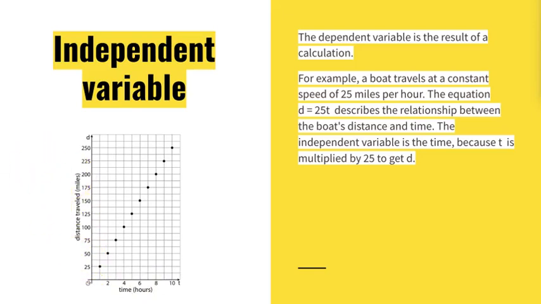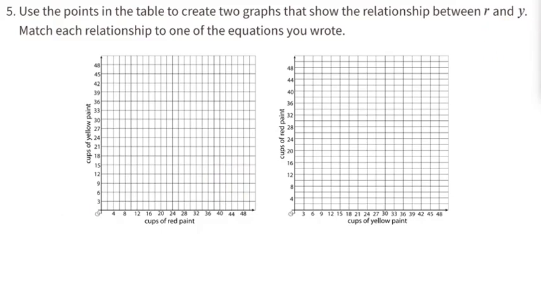So let's look here. Knowing it's 3 cups yellow to 2 cups red, if we talk about that previous one that we just did, we can have R equal to 3/2 of the Y. What's it here if the Y is dependent?